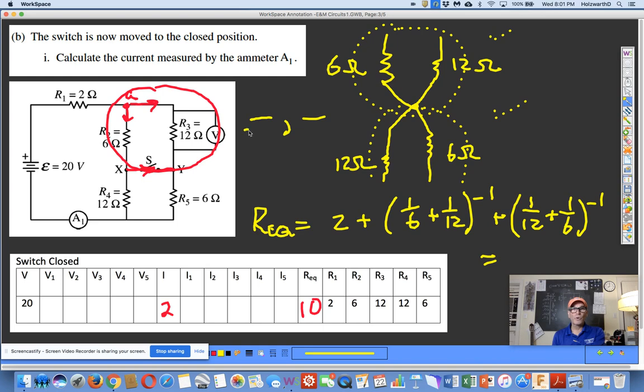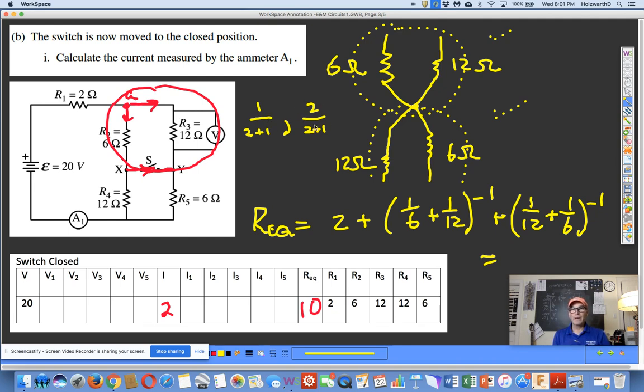So you go 2 plus 1, put that in the denominator for both. And that gives you a 3. So some of the current is going to go through one of the resistors, and more of the current is going to go through the other. But watch what I do: 1 over 3 and 2 over 3. There's that 2-to-1 ratio.